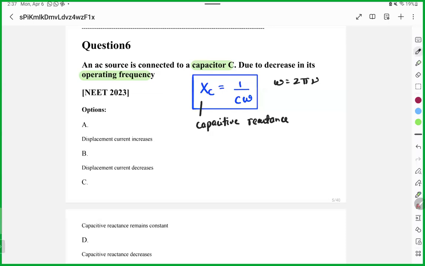Now think, if frequency decreases, then omega will decrease. If omega decreases, resistance increases. If resistance increases, current will decrease. Make sense?